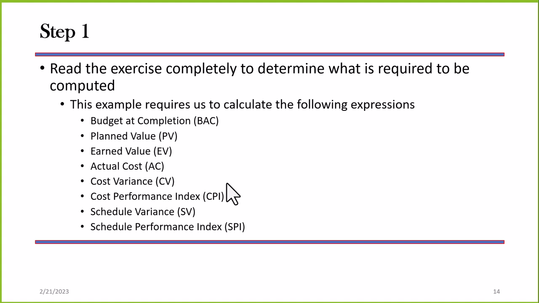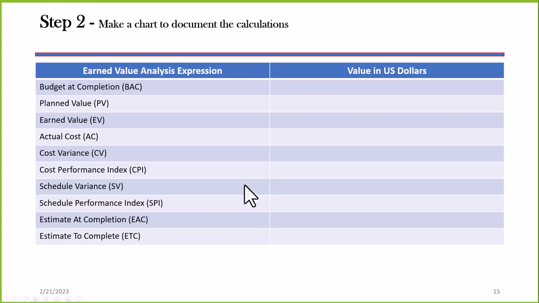We're going to calculate planned value, PV, earned value, EV, actual cost, AC, cost variance, CV, cost performance index, CPI, schedule variance, SV, and schedule performance index, SPI. That's what we're going to calculate. All right, so we set up a nice table for that, and we list all of those items in this table.